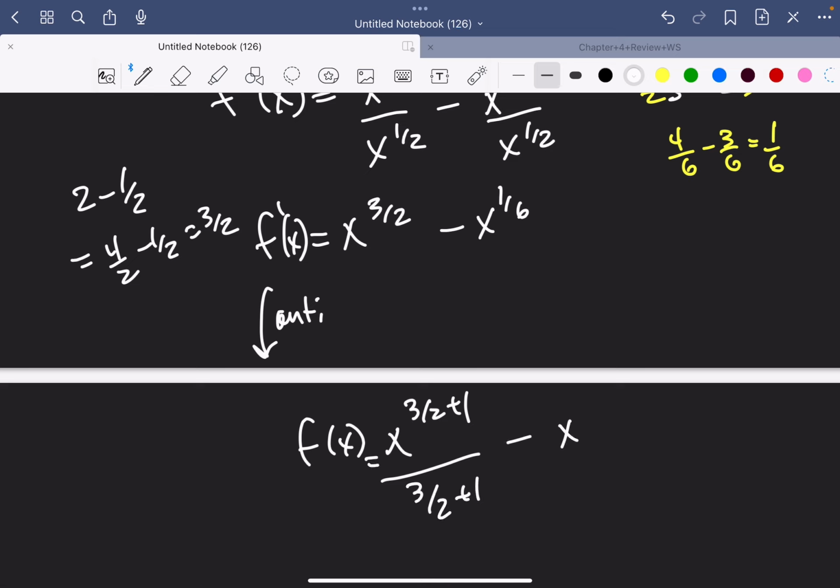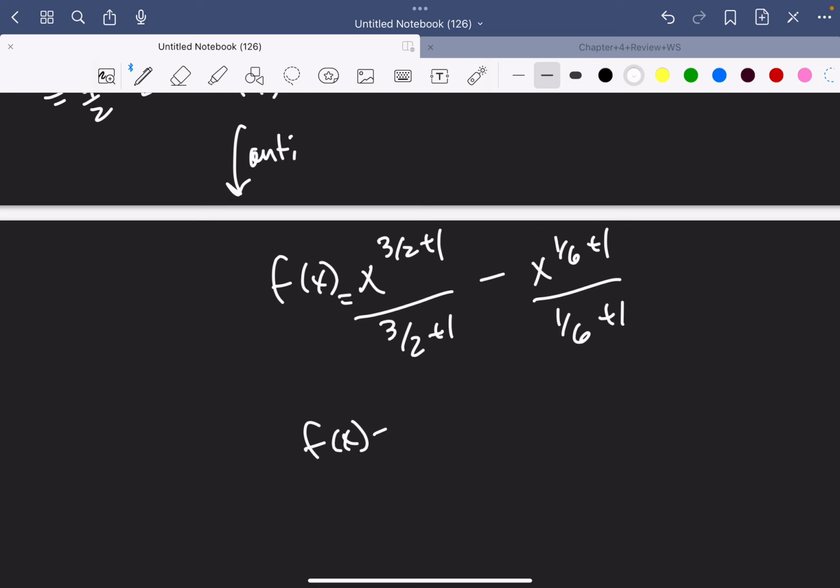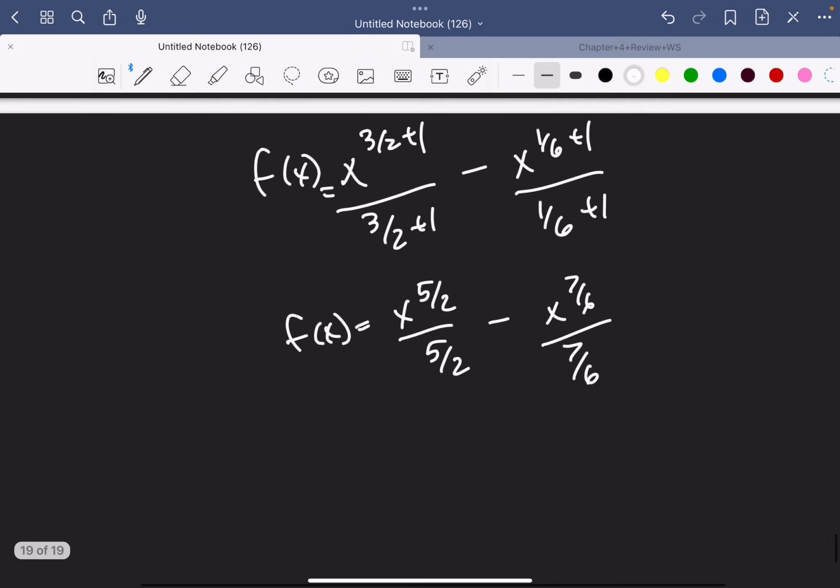I get minus x to the 1/6 plus 1 over 1/6 plus 1. So what does that end up giving you? I think you're pretty much convinced that that's x to the 5/2 over 5/2 minus x to the 7/6 over 7/6. So that's 2/5 x to the 5/2.